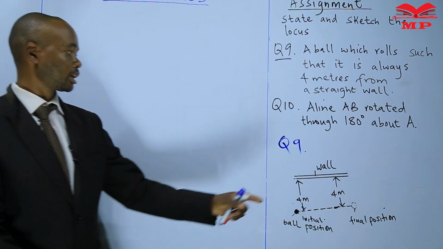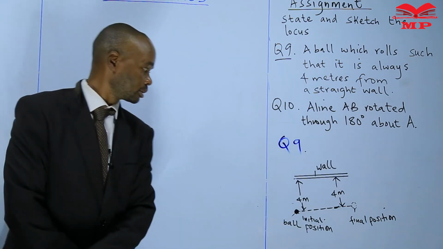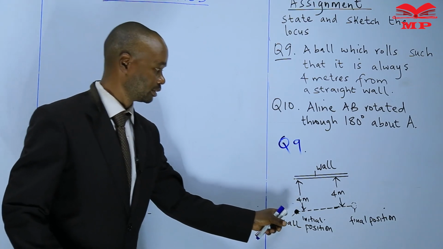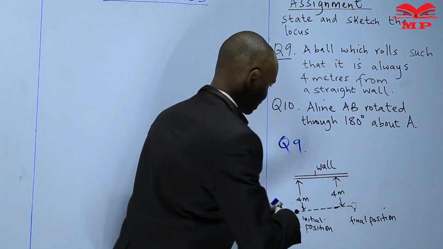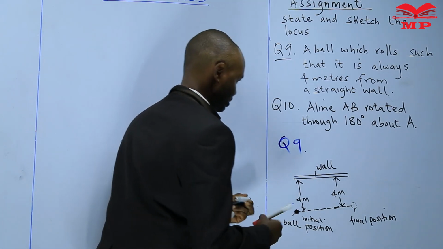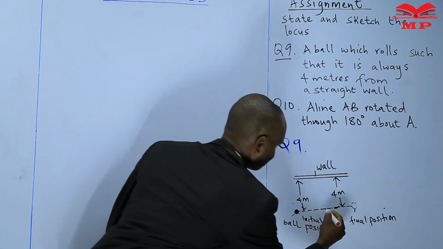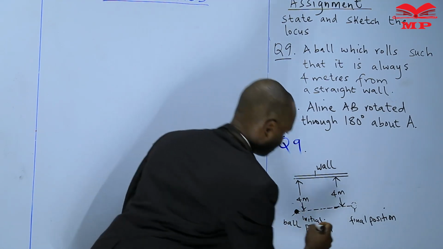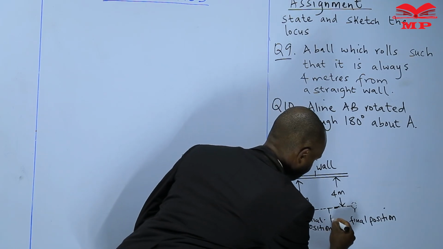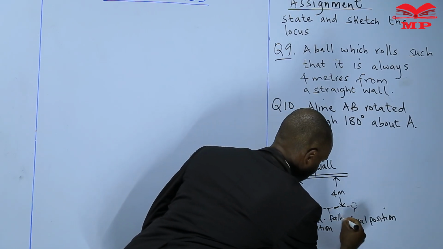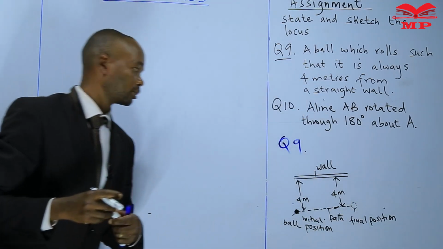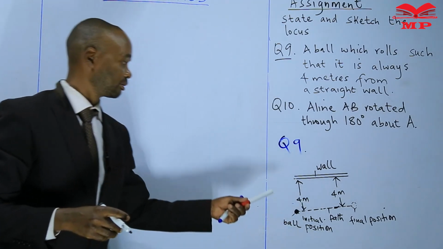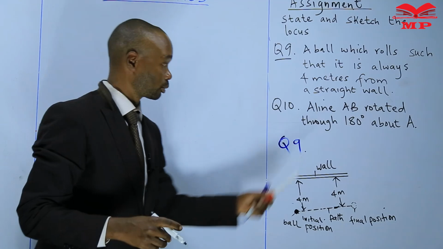That shows a straight wall, that is the initial position of the ball, and here we shall indicate the path. The path will also be a straight line because the distance is equal.